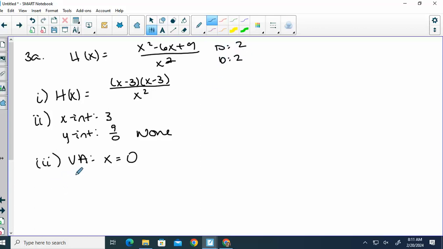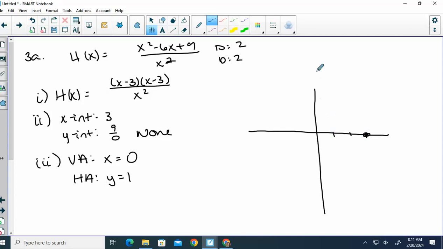If it's the same degree, it's horizontal, and we find it by dividing the leading coefficients. So 1x squared over 1x squared is 1. So then, we need a graph, and we put all the stuff on our graph. If you found it, I expect you to plot it. We have an x-intercept at 3, no y-intercept, vertical at 0, horizontal at 1.